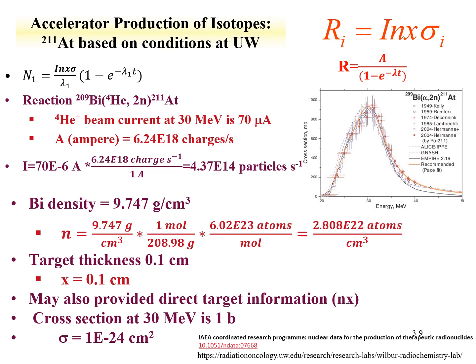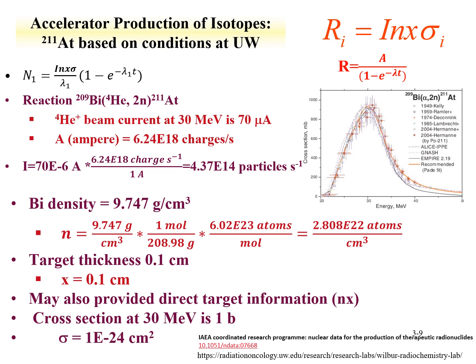So from the 70 microamps, you multiply that by 6.24 times 10 to the 18th charges per second per amp, and you get 4.37 times 10 to the 14th particles impinging on the target per second. For the number of atoms per centimeter cubed, the target is metallic bismuth.